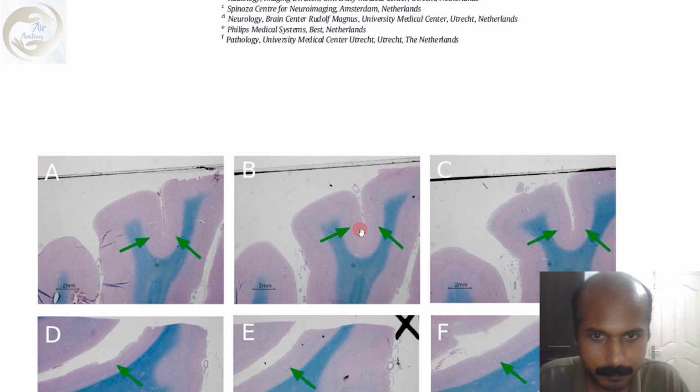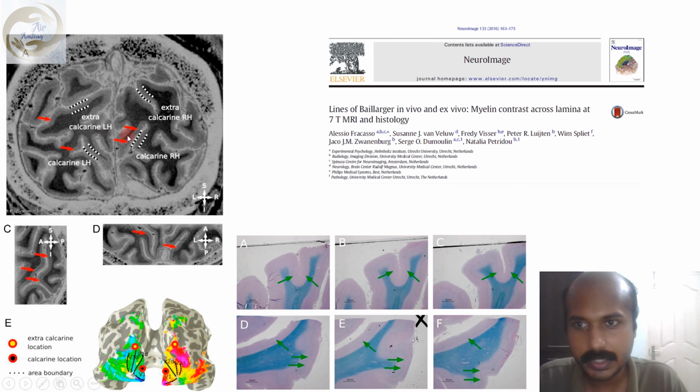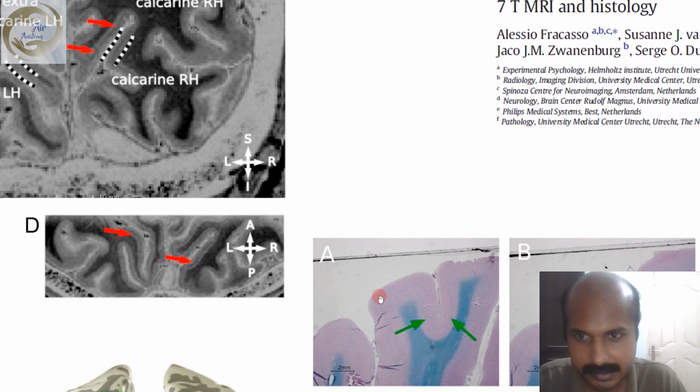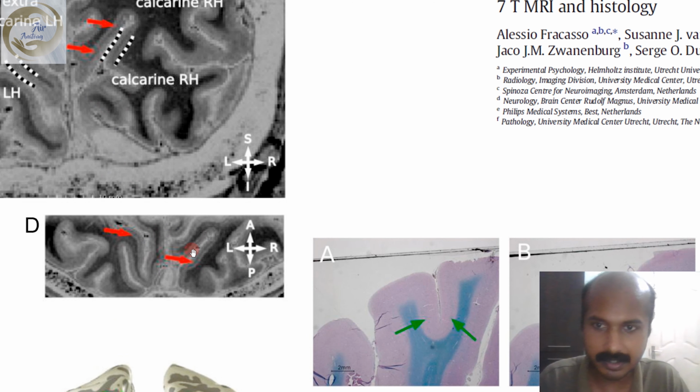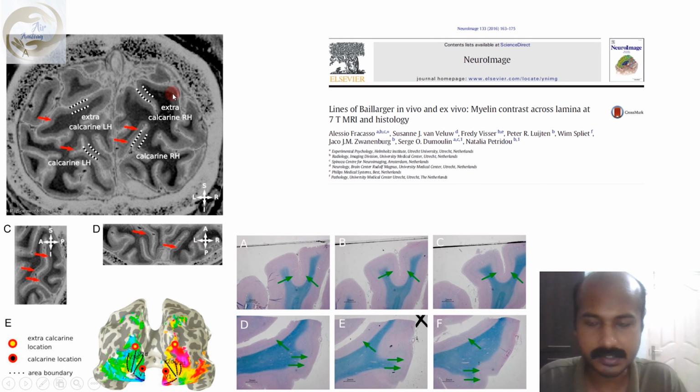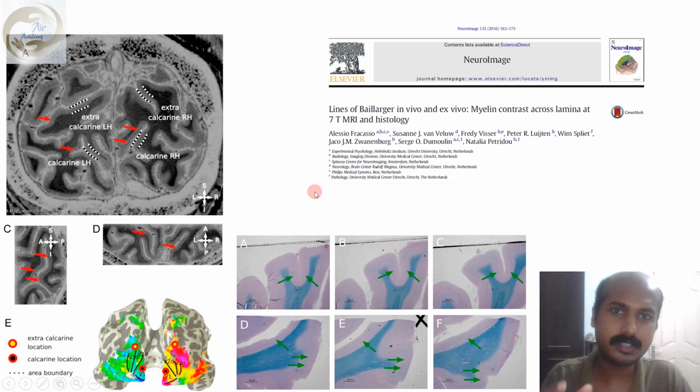You can see the band of Baillarger shown as a blue line, again with Luxol fast blue, and that has been correlated with 7 Tesla ex vivo and in vivo imaging, in which he has shown, within the calcarine sulcus, the stria of Gennari, as well as the bands of Baillarger in the extrastriate regions. So this shows the importance of knowing this histology in wide regions, including neuroimaging research.